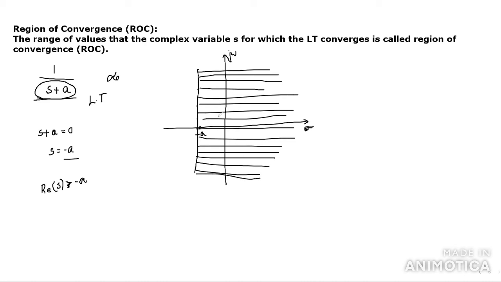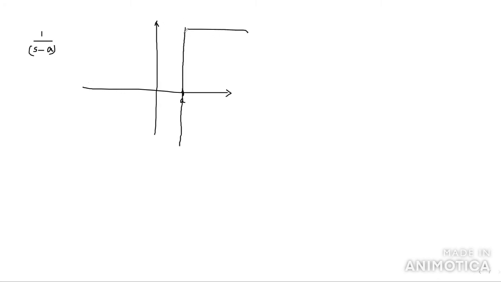Let us consider if I have my signal as 1 divided by s minus a. In this case, I am going to have my ROC value as, here I am going to have a, and so this is going to be my ROC for this particular signal.